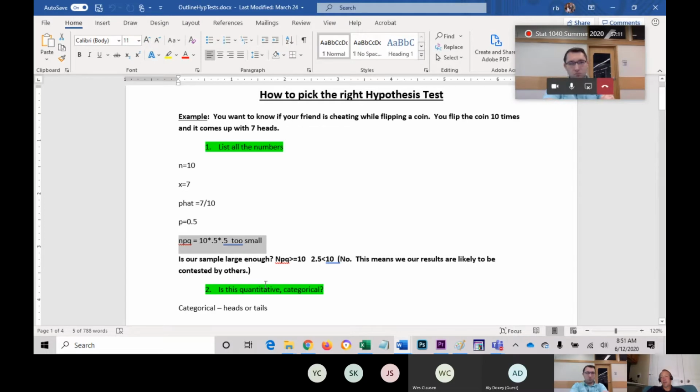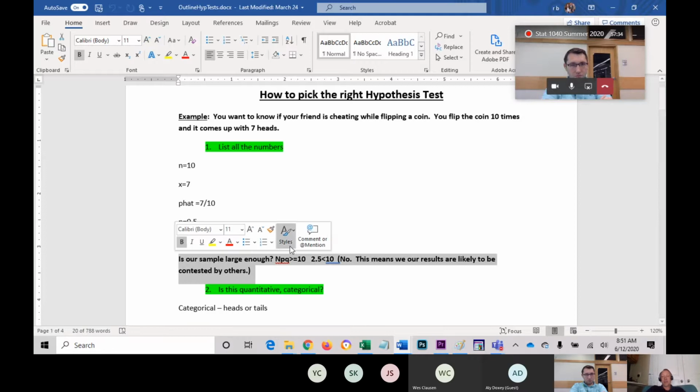I shouldn't use the method that I'm going to use, but I want to keep this as a simple example. This is way too small to use the central limit theorem. So I should not be doing this, but I'm going to do it anyway just for fun. But my sample size is too small, and so this means that your results are likely to be contested. Any questions so far?